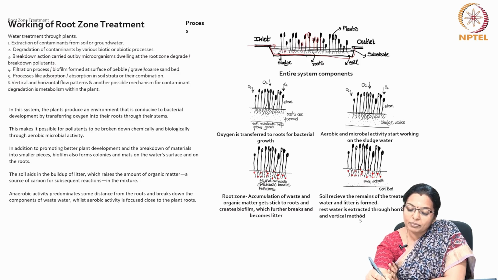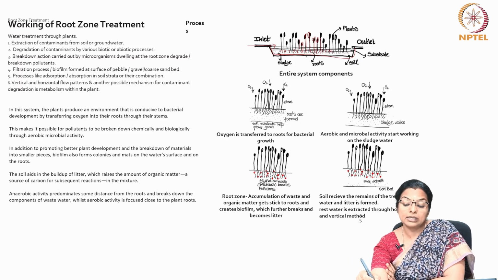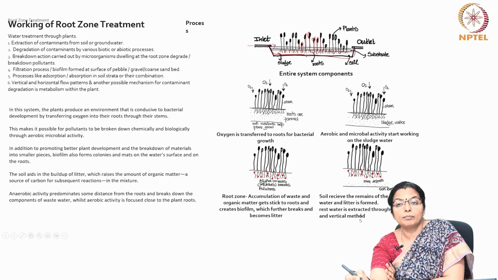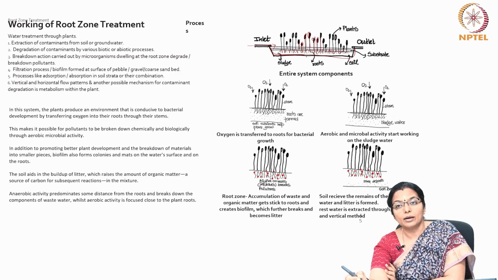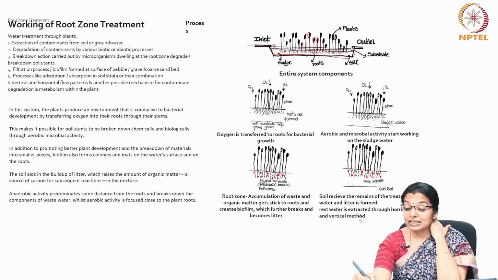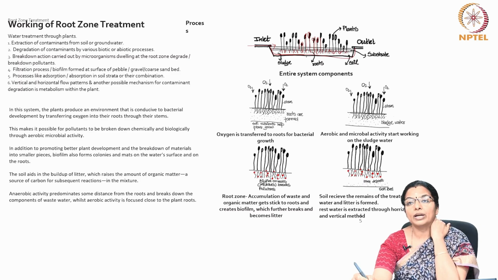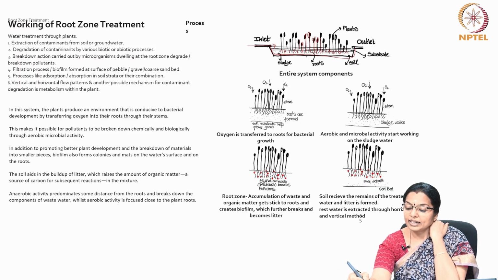And you can see predominantly roots are shown because these plants have roots on which the microorganisms cling, and these microorganisms and these plants, they need immense amount of nourishment which they get from the sludge, and then there is a substrate and an outlet.